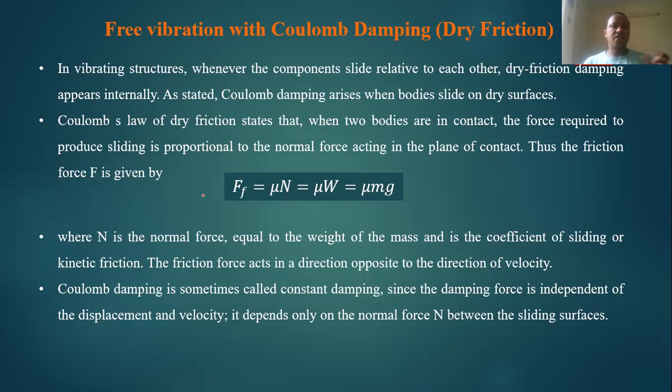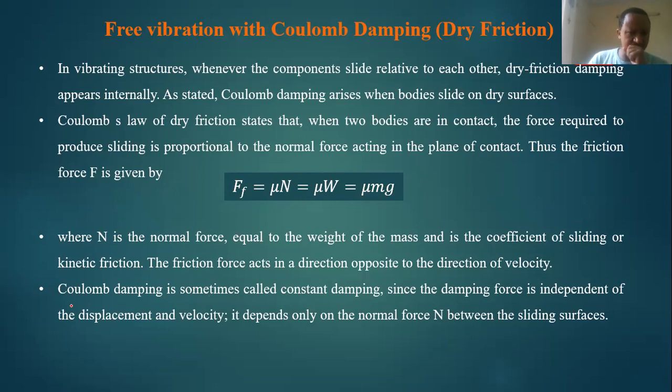Therefore, the force F is given by mu N, where N is equal to the weight. So mu mg is the frictional force, where N is the normal force and W is the weight.